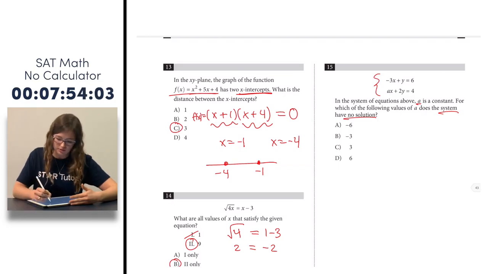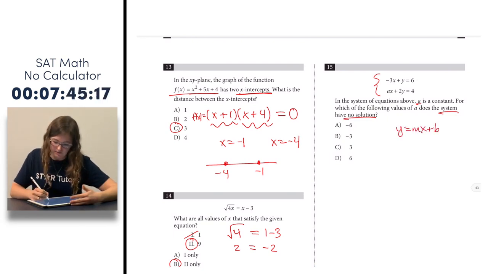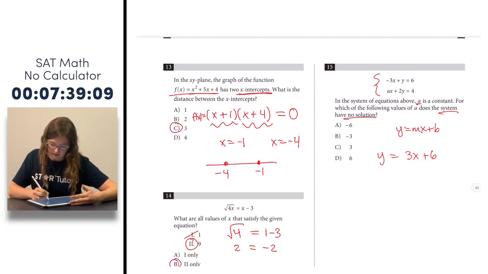So what I'm going to do is solve for y in both of these equations so I can find their slopes. Again, get them into y equals mx plus b. When I do that, in the first one I have y equals 3x plus 6. And in the bottom one, let's be careful, we've got 2y equals -ax plus 4. And then I divide by 2.